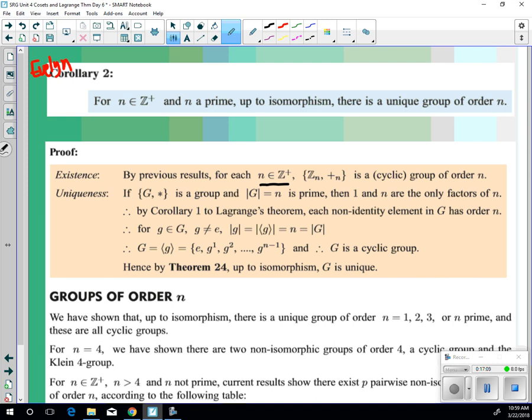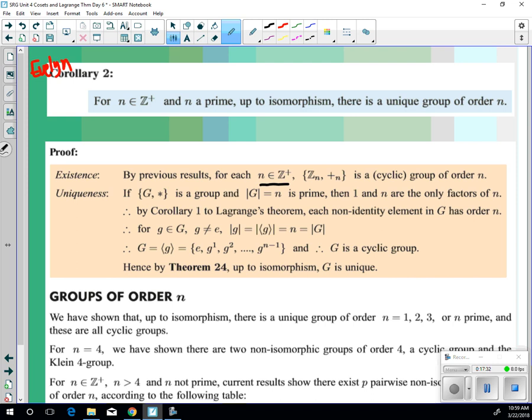For any element of G that isn't the identity element, the order of that element equals the order of the group it generates, which equals n, which equals the order of G, as we set up here.